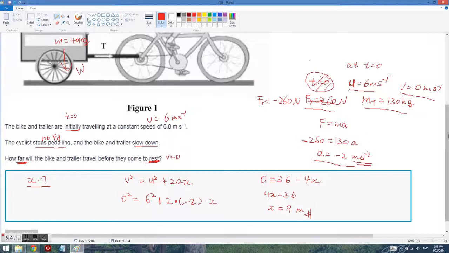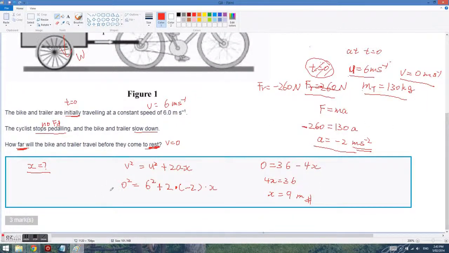In the exam, it will be a 3-mark question. Just a reminder, if you write down this equation, you get 1 mark. If you have the answer, obviously you have 1 mark. Also, if you find the acceleration, you have 1 mark. 1, 2, 3, a 3-mark question.